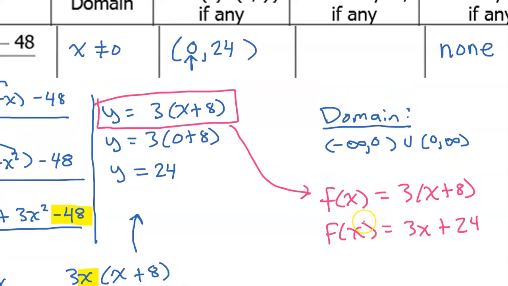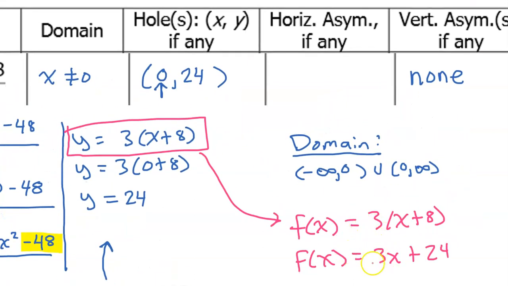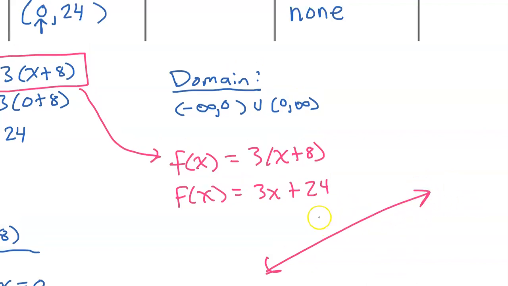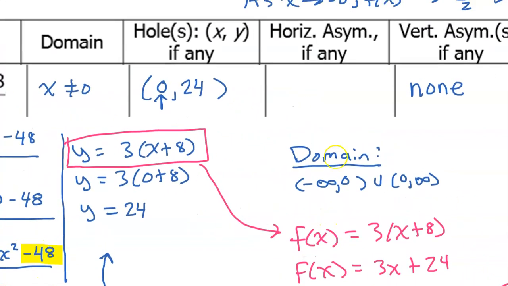I told you that if there are any horizontal asymptotes, they will come from the end behavior. If the end behavior approaches a constant, that will be your horizontal asymptote. But this is just a polynomial. It's really just a line, 3x plus 24. So you know that this is just going to go forever. It's not going to flatten out at a constant. So there will be no horizontal asymptotes.